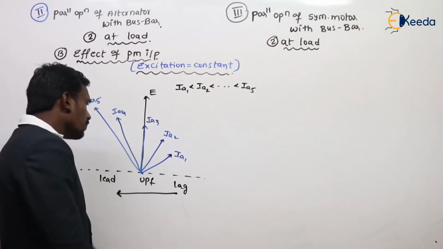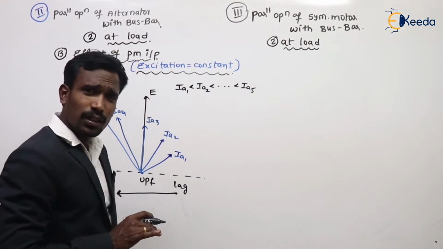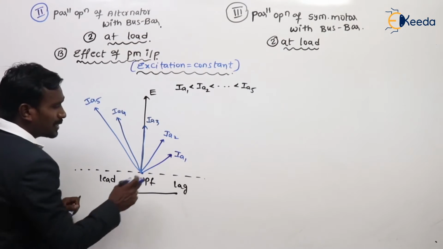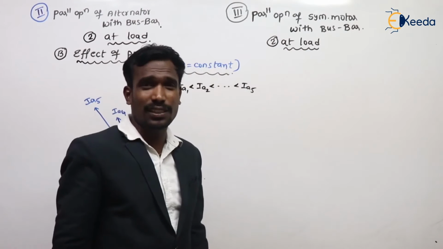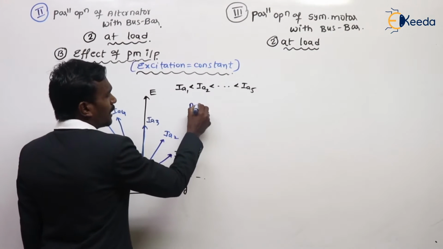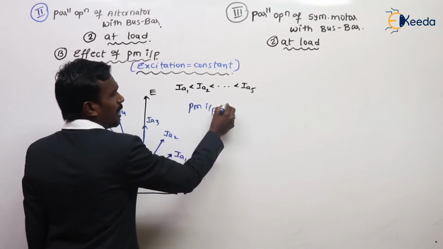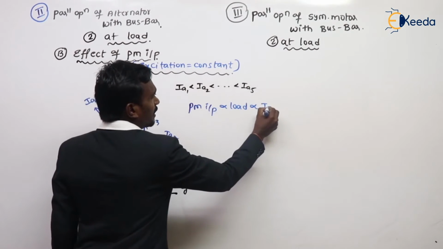Here the armature current increases as well as the power factor changes, because when the prime mover input or the load increases, the armature current increases.